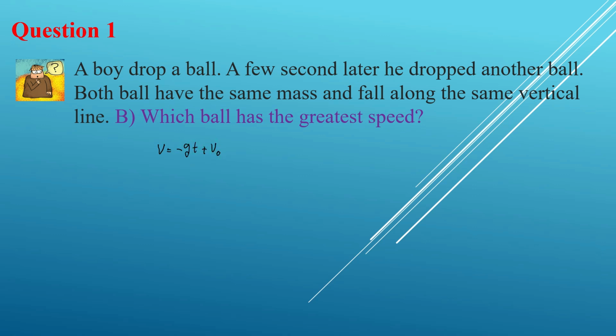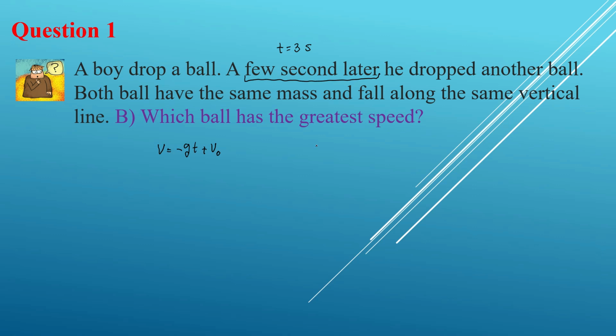It says a few seconds later, so I would like to say this is going to be t at 3 seconds. I'm just assuming some value so I can explain it better. That's what I'm trying to do here.